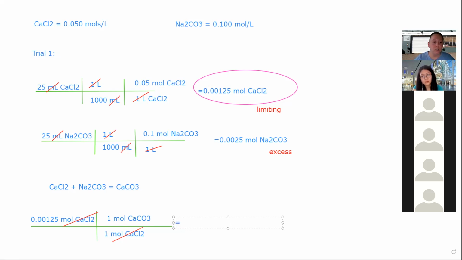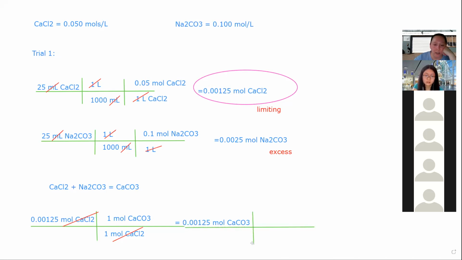Because this is a 1-to-1 ratio, we made the same amount of moles. So 0.00125 moles of calcium chloride makes 0.00125 moles of calcium carbonate. So now we need to convert that into grams.